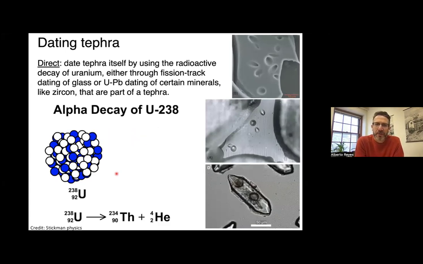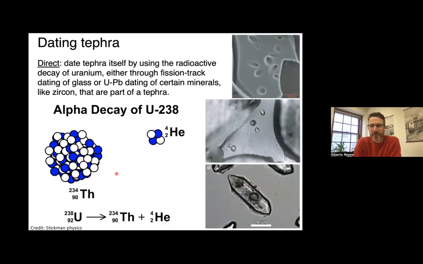Really, we're counting daughter products of uranium decay, whether that daughter product is a physical manifestation of the decay of U-238 through to lead-206, which involves alpha decay and ejection of a helium nucleus, which actually causes physical damage to the mineral, or glass in this case with tephra.